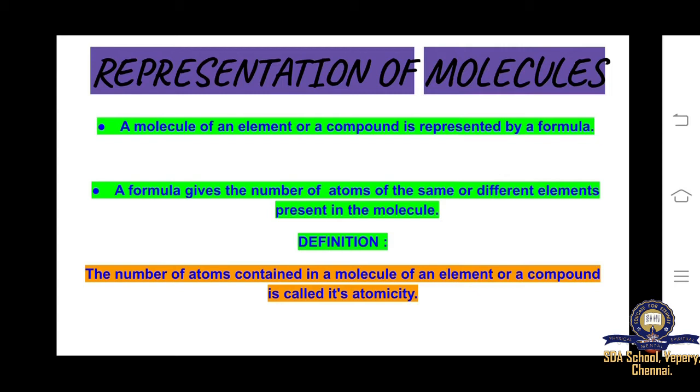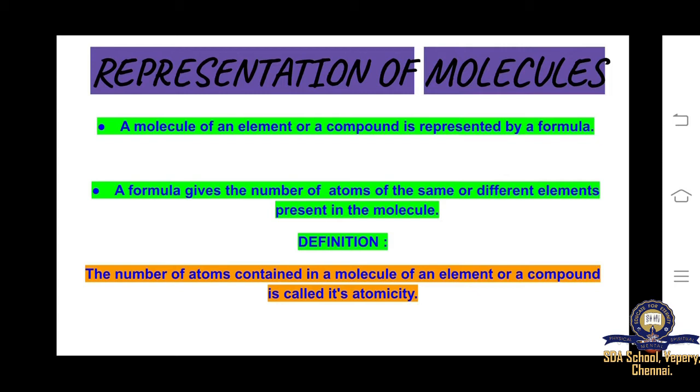So based on the number of atoms, we give the name of the molecule as well as the formula. A formula gives the number of atoms of the same or different elements present in the molecule. For example, hydrogen molecule H2, only hydrogen is present there, but in the case of water H2O, two different atoms are taking part.